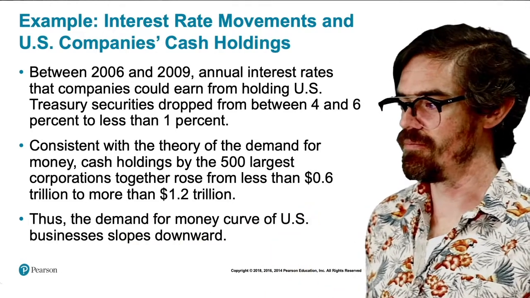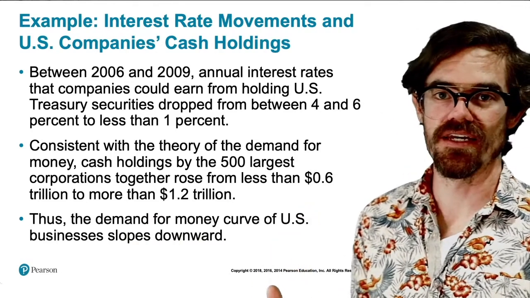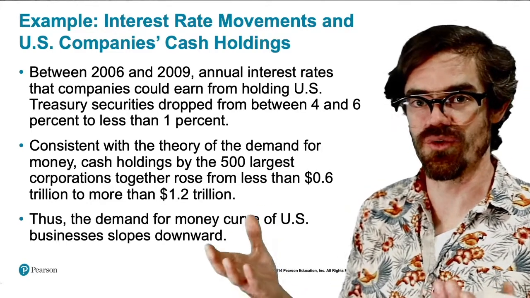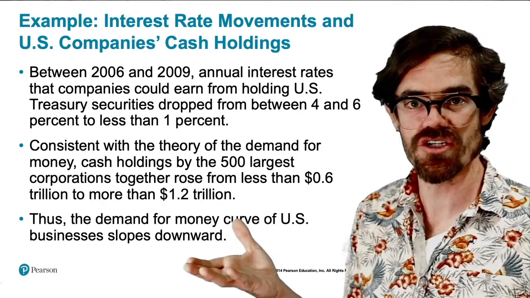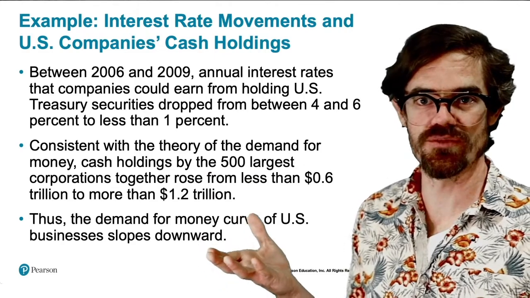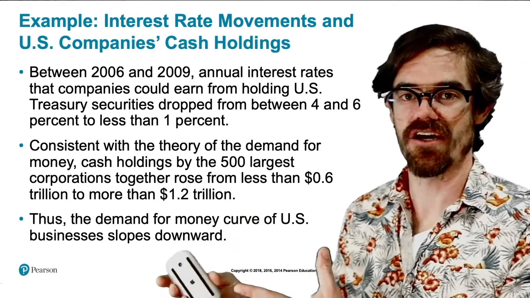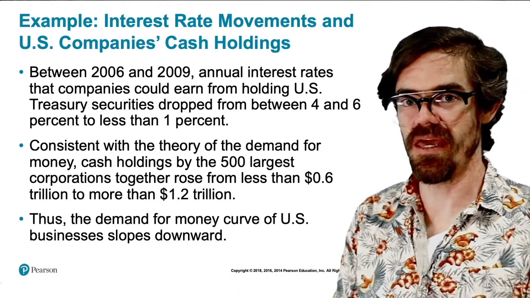Basically, the corporations have a choice to make. They can either hold cold hard cash, which doesn't return any interest, or they can put that cash into a bond that pays them money.